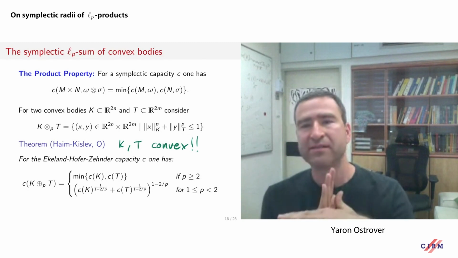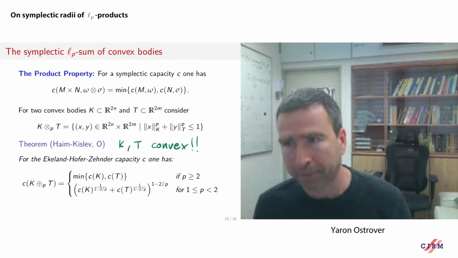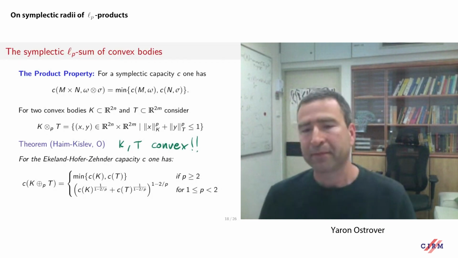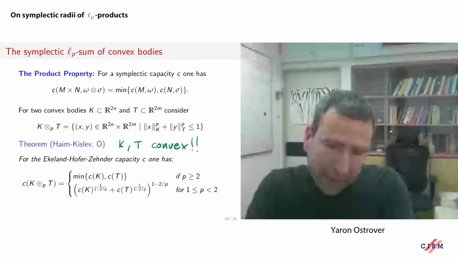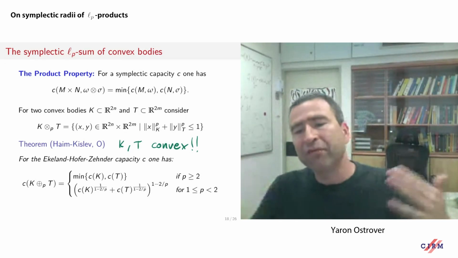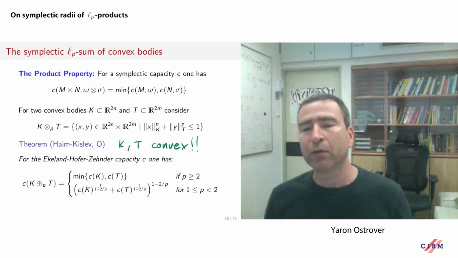The 2 sum of these convex bodies is a smaller subset than the product. And we have this kind of strange average of the two capacities for P between 1 and 2.